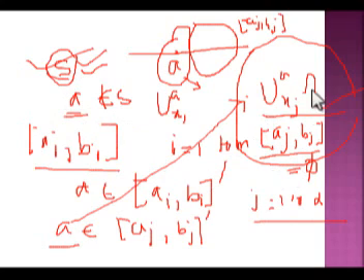So this is also an open cover, made by taking j from 1 to infinity.